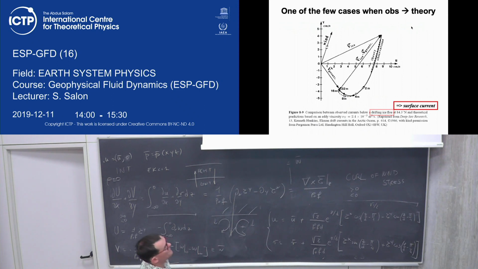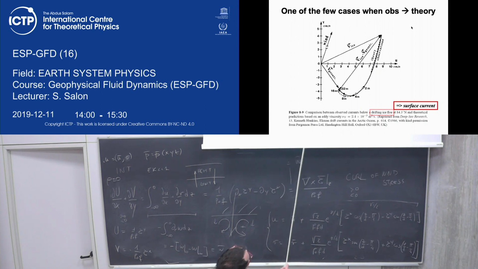to real cases. In real cases, of course, the Ekman model doesn't work properly, since a lot of the hypotheses that we took don't hold. But this was one of the cases where the observation actually matched the theory.